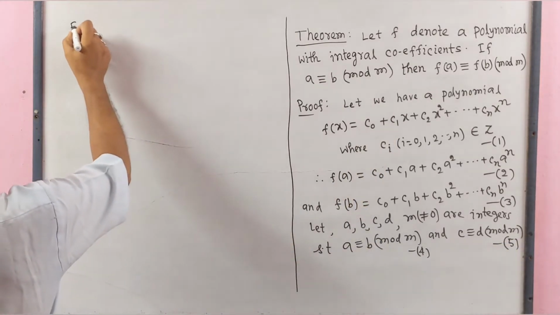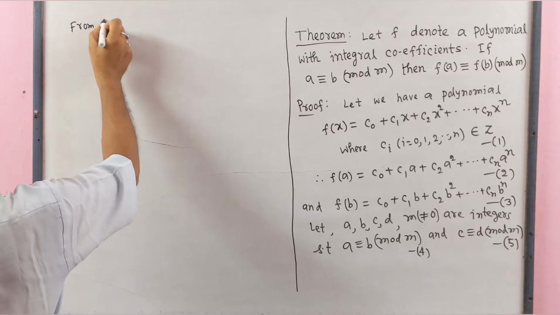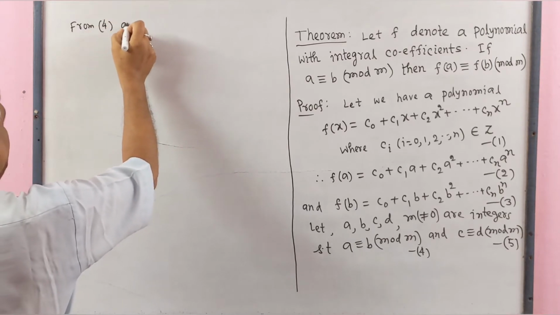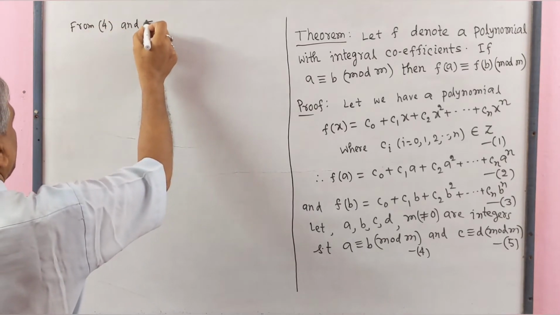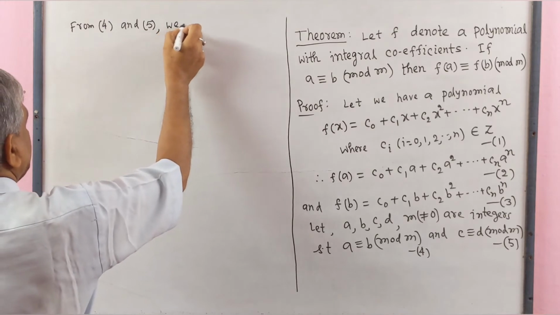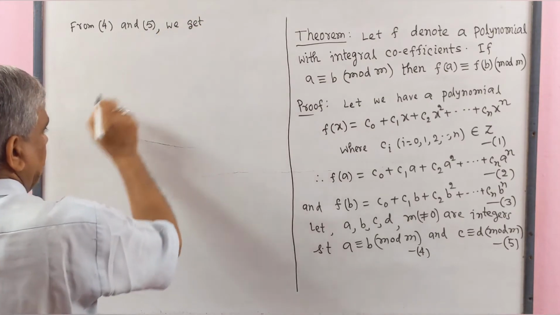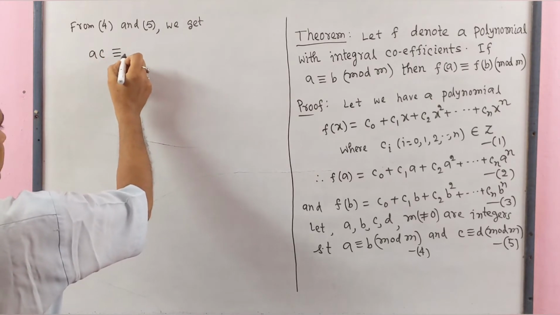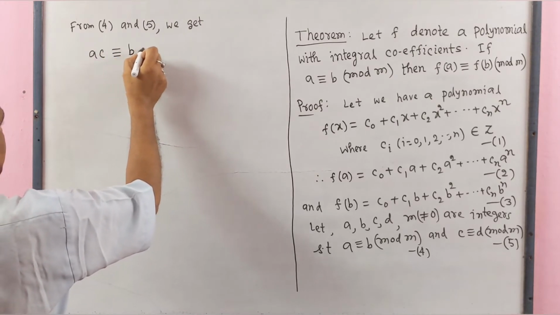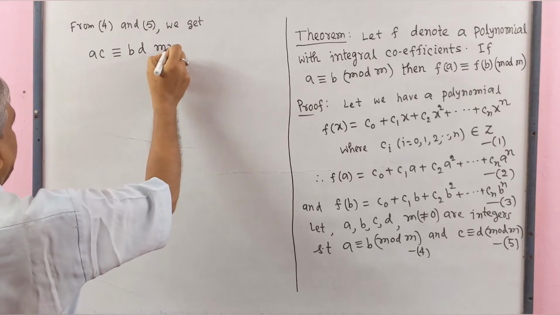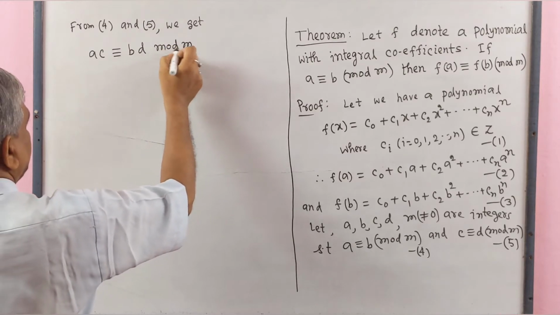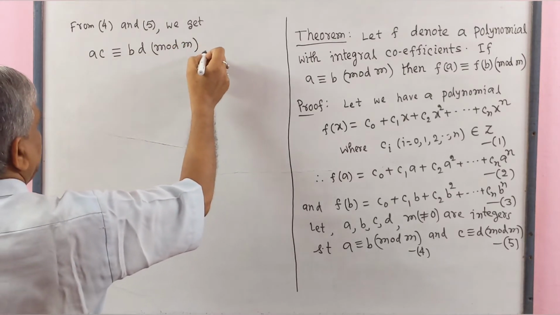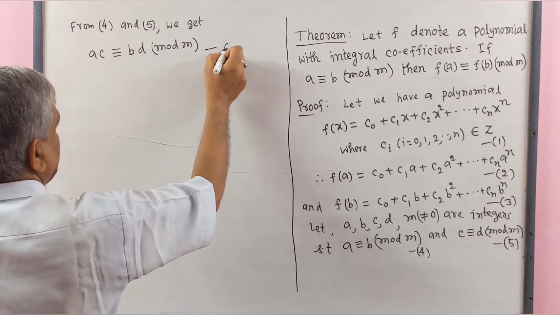From 4 and 5 we get ac congruent bd modulo m. This is number 6.